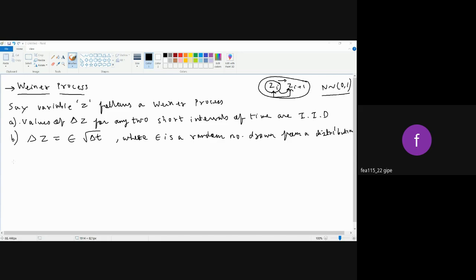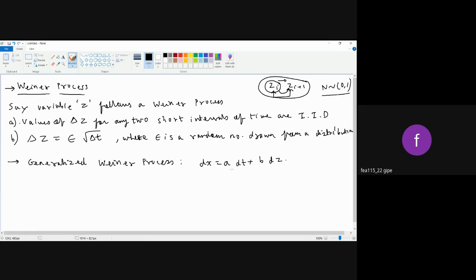Now, if I have to generalize the Wiener process, I could write a generalized Wiener process like this. Let's say I have a certain variable x for which I want to write a Wiener process. I could write this as dx equal to a dt plus b dz.